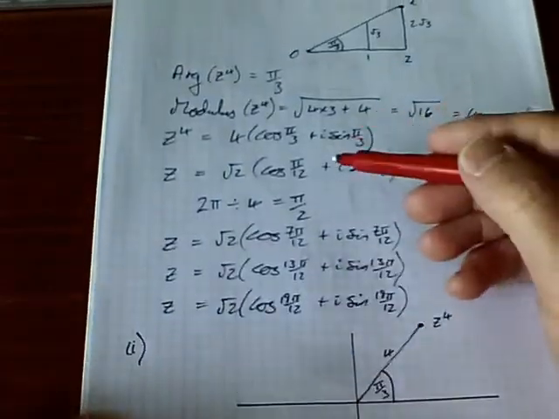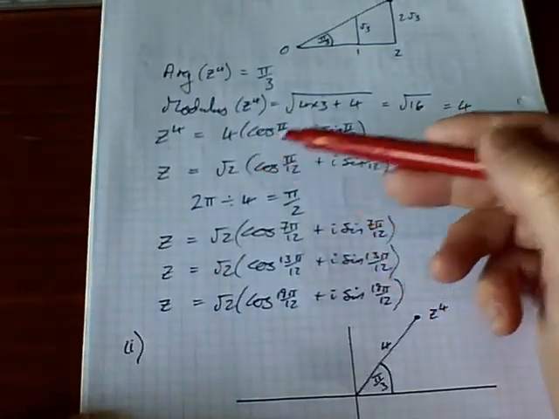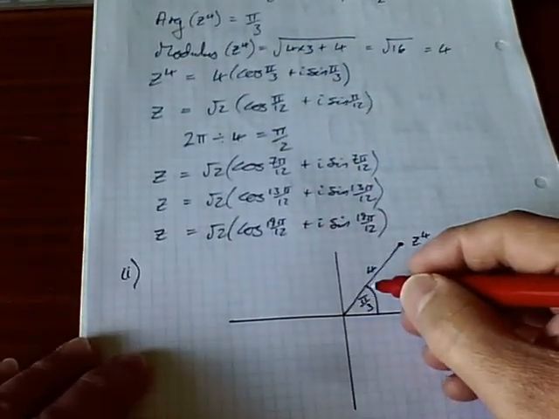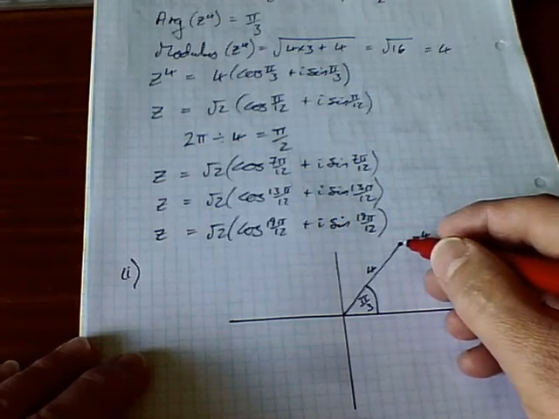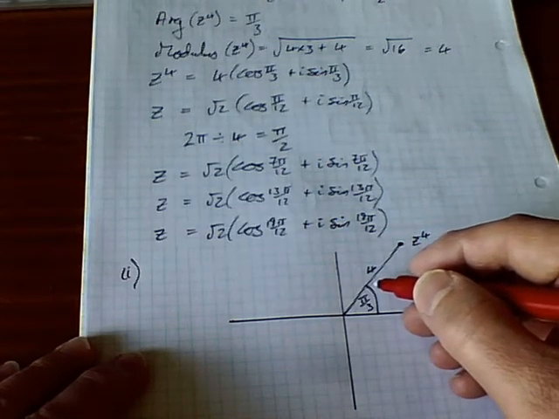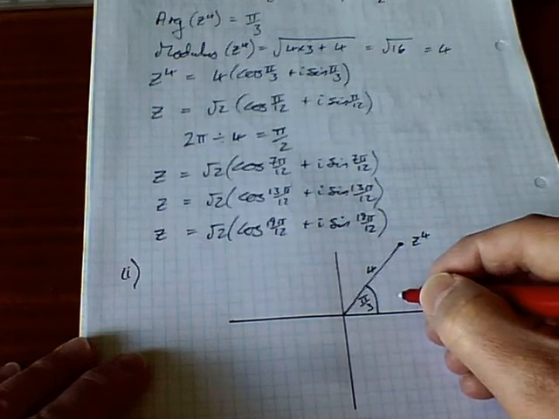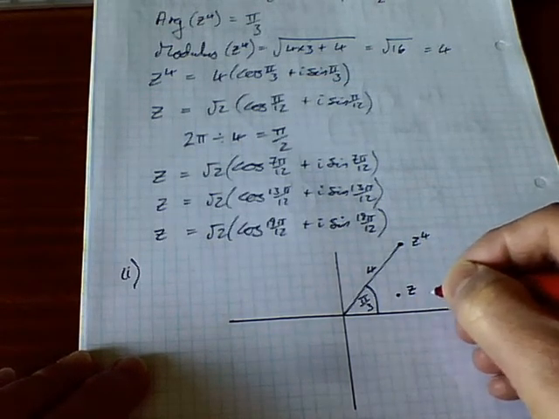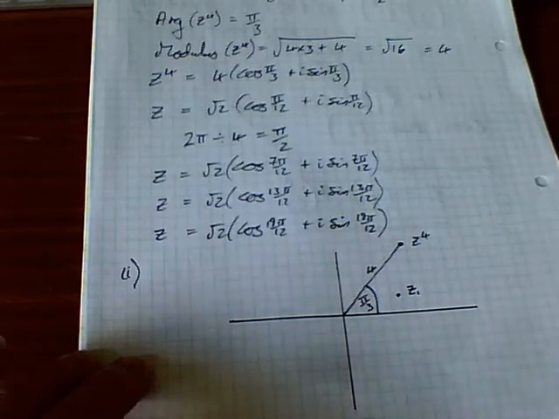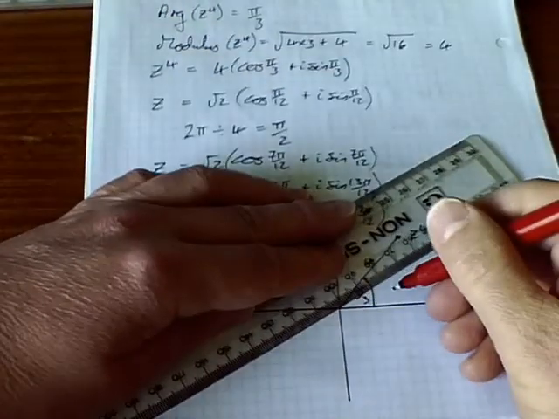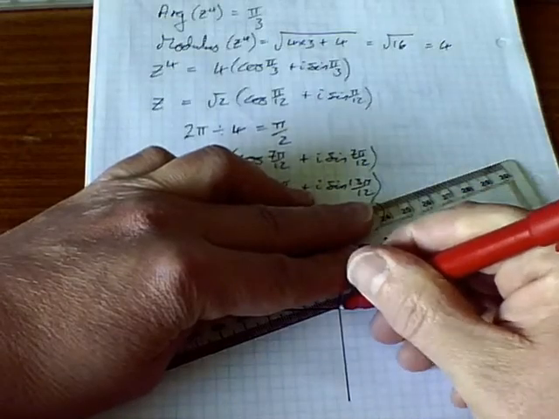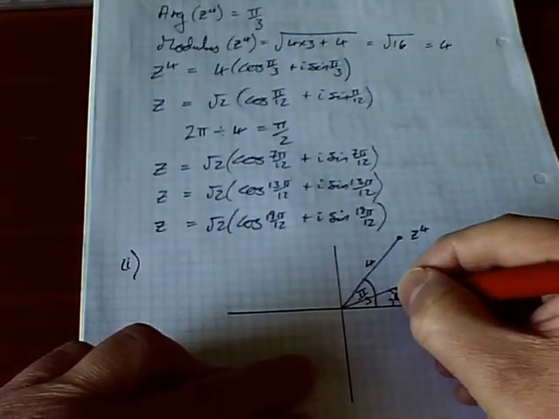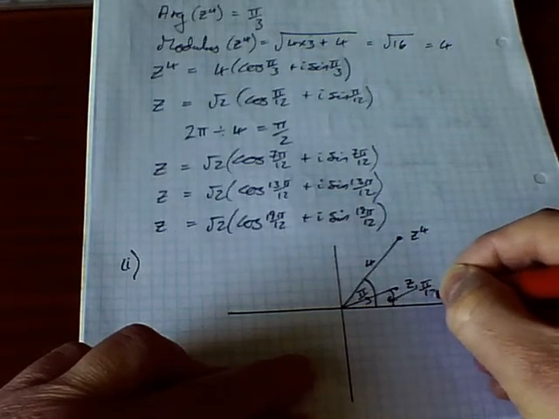Now my first root here is z equals root 2 cos pi by 12 plus i sine pi by 12, so I want root 2, which if that is 4 there, root 2 is about 1.4, so near enough. Something like this. So that's z1 there, and that angle in there is pi by 12.